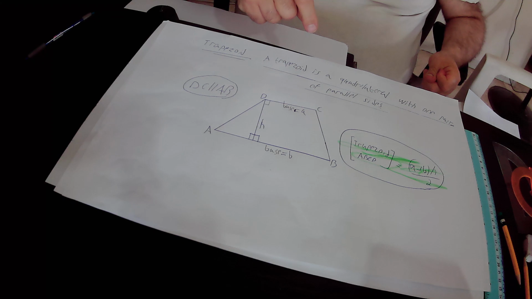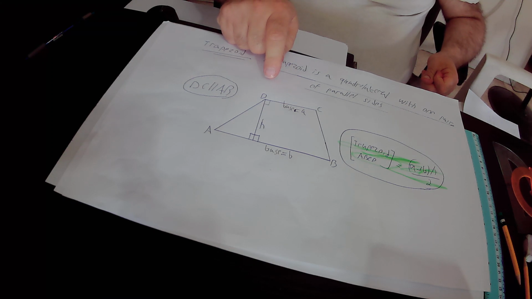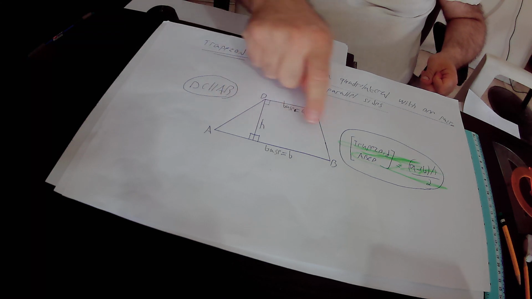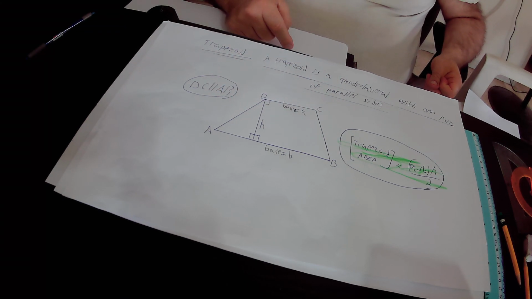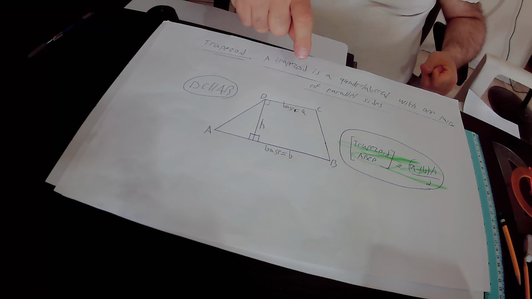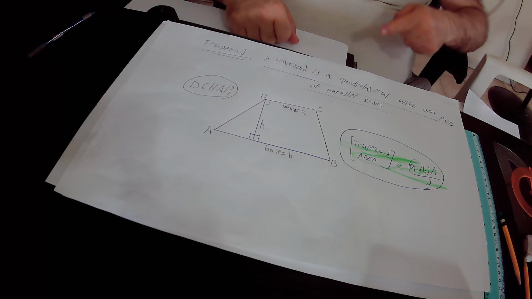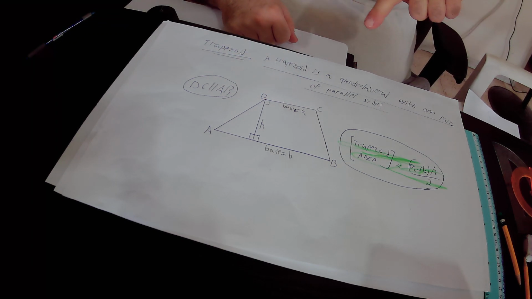If we define the length of DC as A and the length of AB as B, then the area of this trapezoid ABCD equals the sum of its two bases, A plus B, times the height h, over 2.